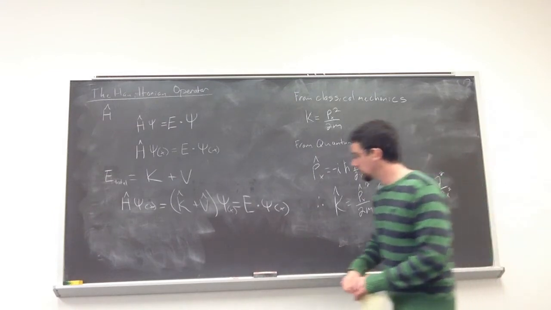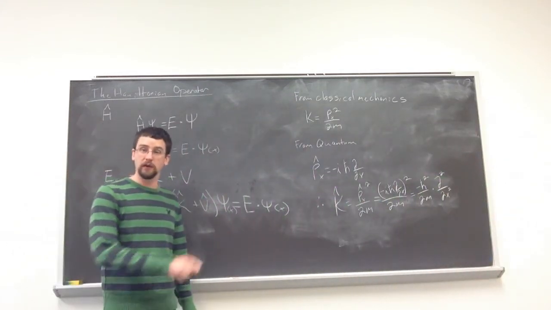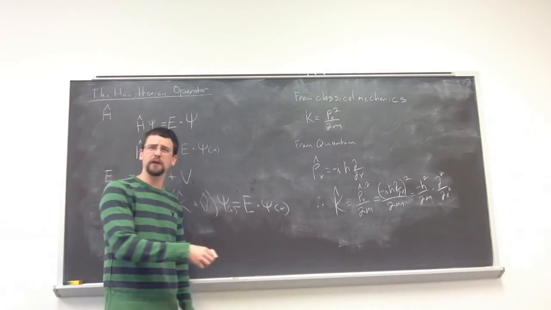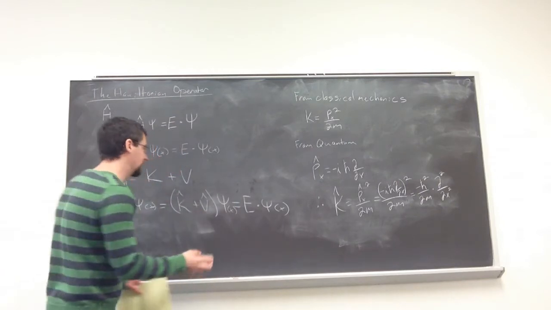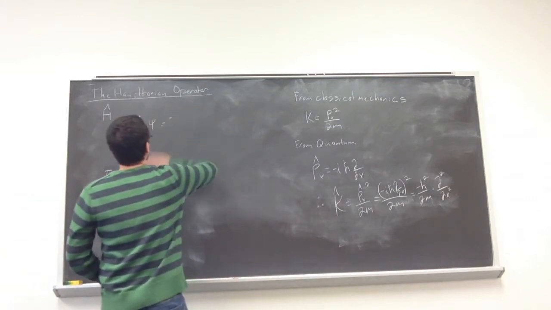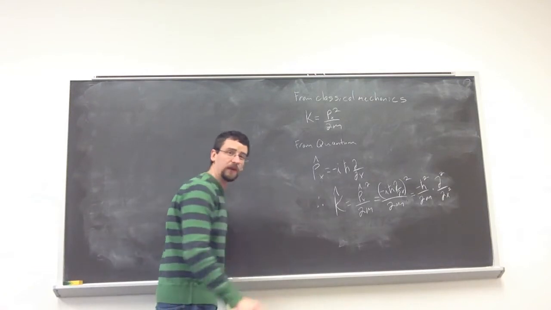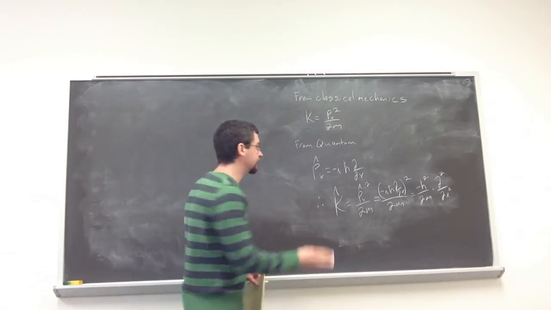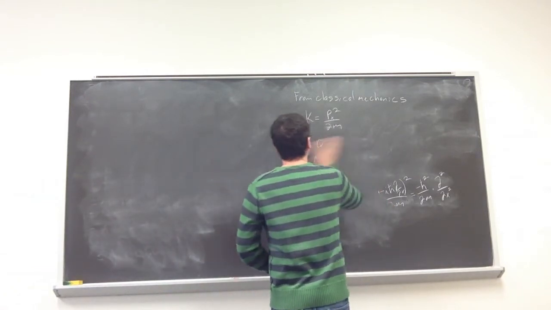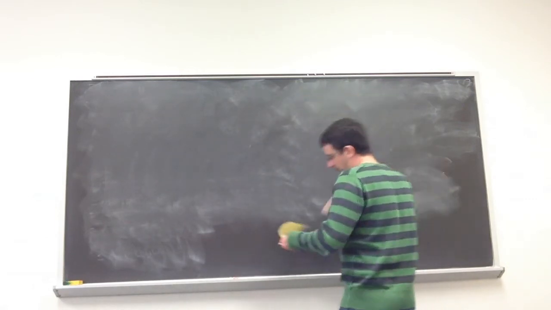Okay, so now we have this portion of our Hamiltonian, of our Schrodinger equation. What about that potential? The potential energy operator is a very specific operator to what system you're looking at. So it changes with every system we consider.